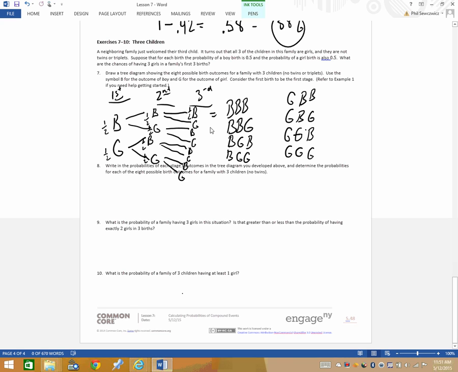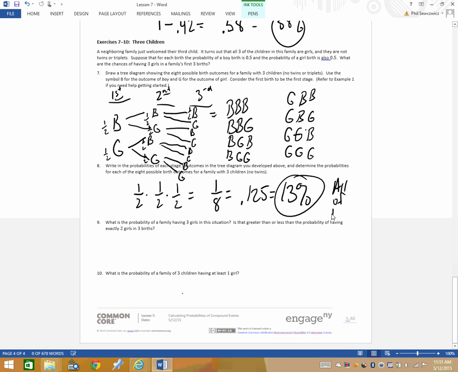Well, it's always a half, so no matter what you do, it's going to be a half times a half times a half, because the probability of getting the first and then the next is multiplication. We multiply the halves together, which gives us 1/8. We can change that into a decimal and round to the nearest percent, so it's about a 13% chance. And it's going to be that for all of them, because the probabilities don't change from one to the other.